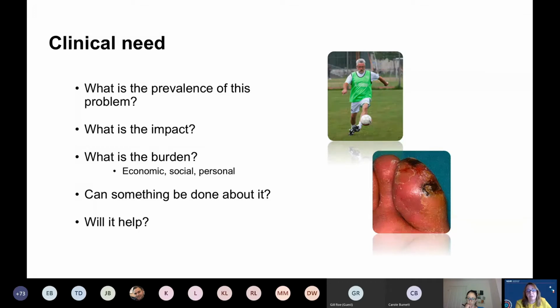More than half the population over the age of 50 will suffer from it. The number of joint replacements is increasing at an exponential rate, and we know that's to do with an ever more obese, multi-morbid population. So the actual cost to the NHS is quite significant, and it's quite easy to write about the burden of knee osteoarthritis.